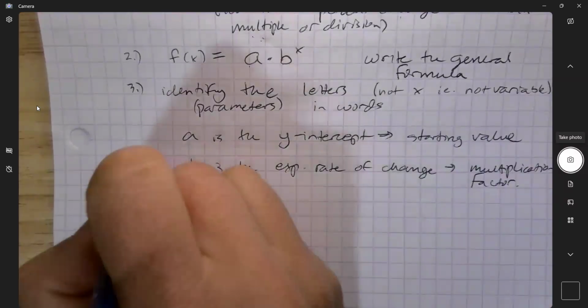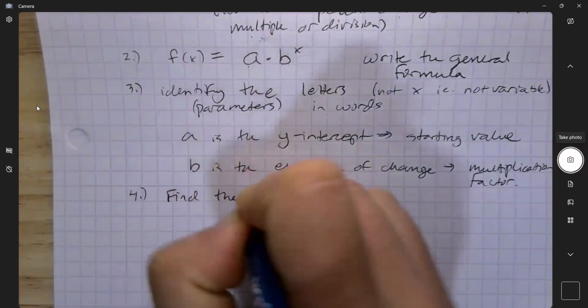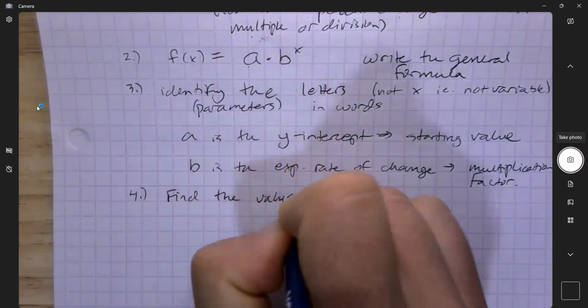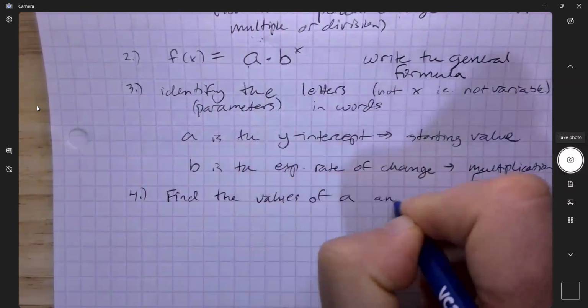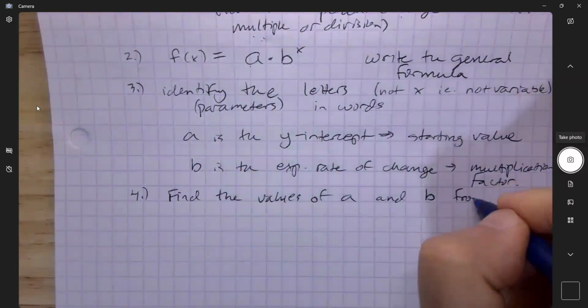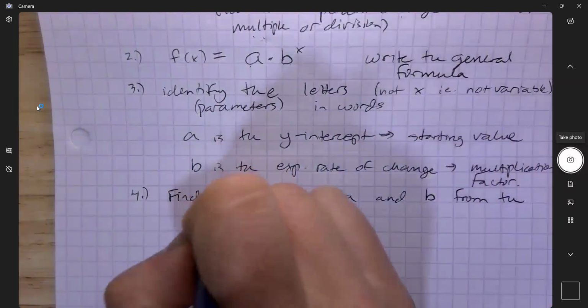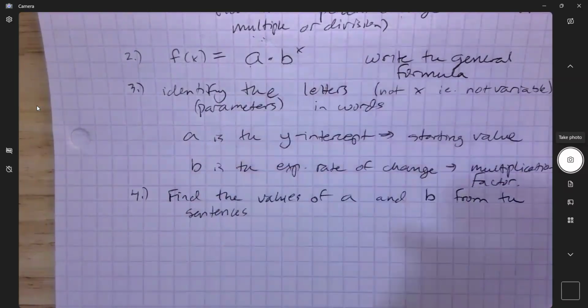Once you've done that, find the values of A and B. Find the values of your parameters from the sentence or sentences, from the words.